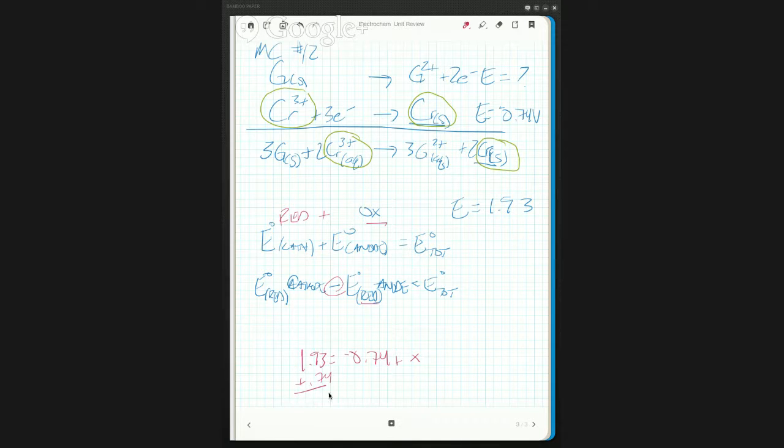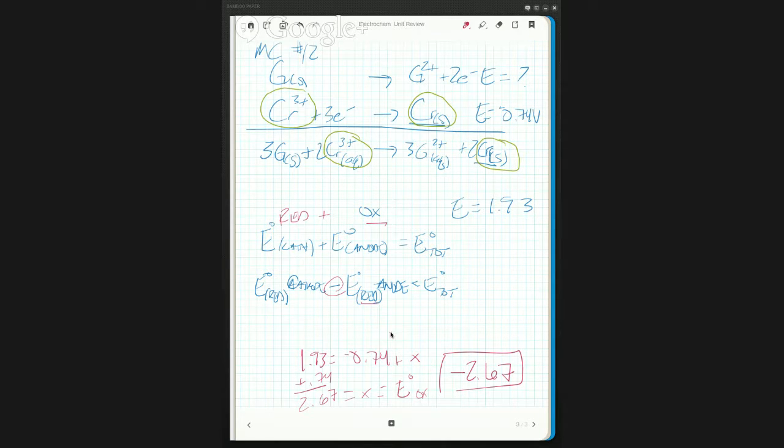So 2.67 is equal to x, which really is equal to E naught of the oxidation. I think that when we typed up the numbers, I was wrong. If that's the oxidation and they want the reduction, then it should have been negative 2.67 to get the answer. And so it had D down there.